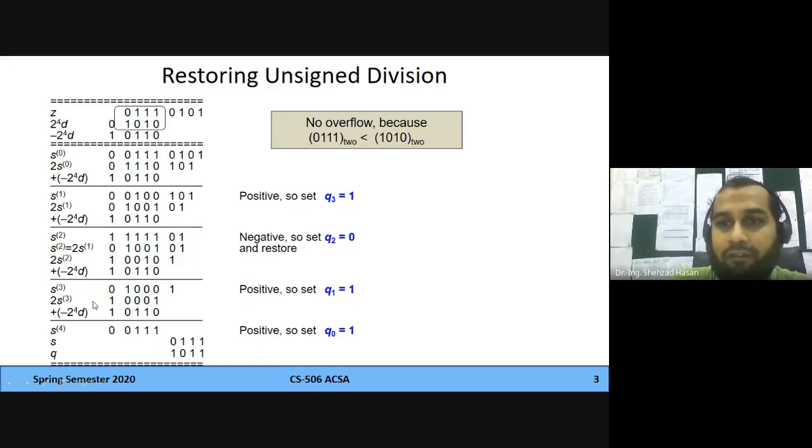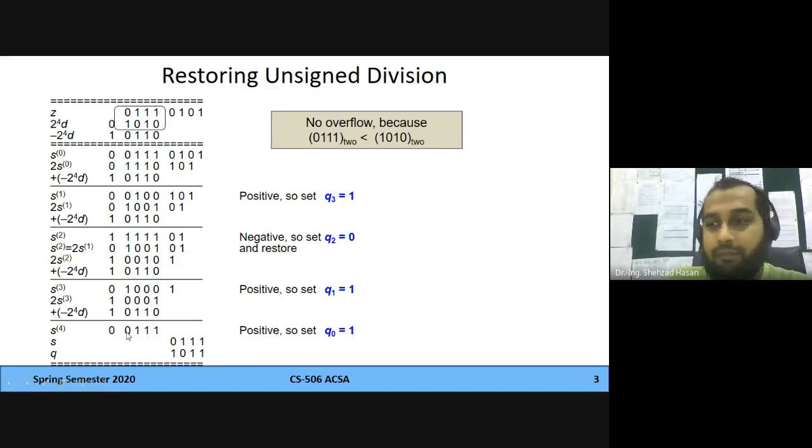So we could do a left shift and then add the two's complement. So again we have 1, 1, 1, 0, 1 plus 1 is going to be a 0, and a 1 which is going to be discarded. That carry is going to be discarded, and then you get a 0, a positive answer here. So positive answer, set the last bit q naught as 1, right?